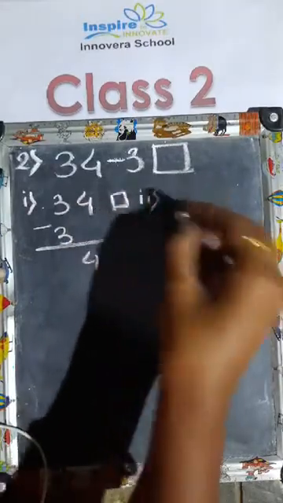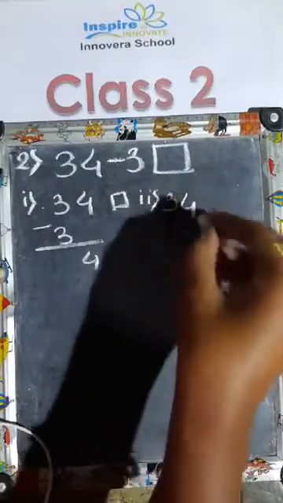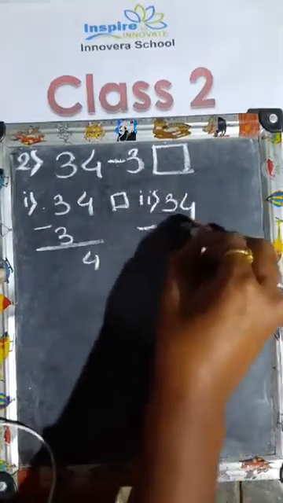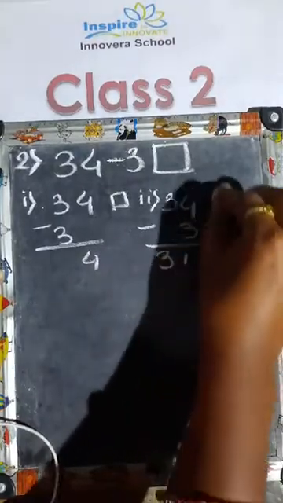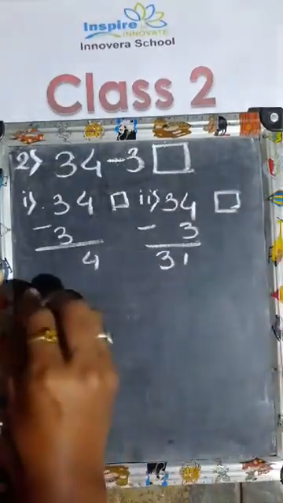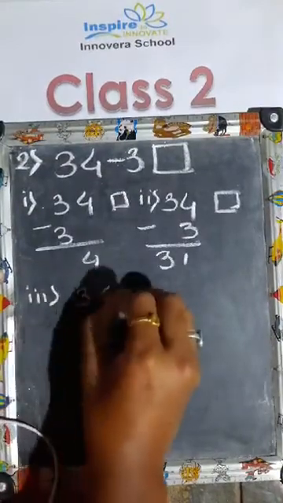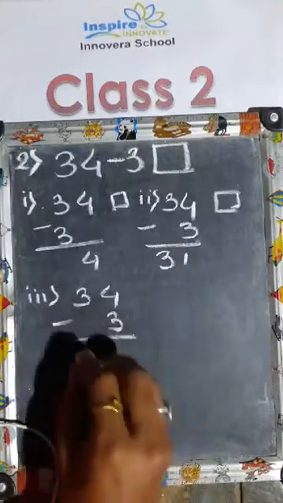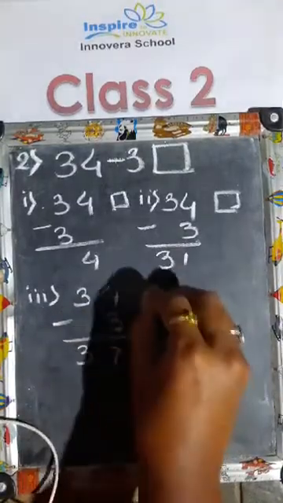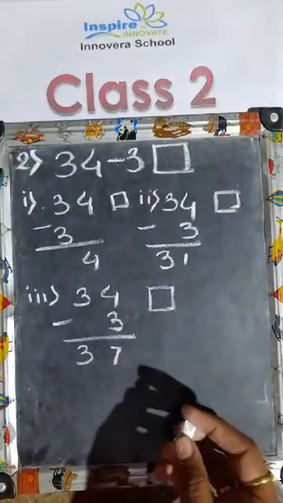Option 2 is 34 minus 3 is equal to 31. And option 3, 34 minus 3 is equal to 37. So you are going to see which one is correct.